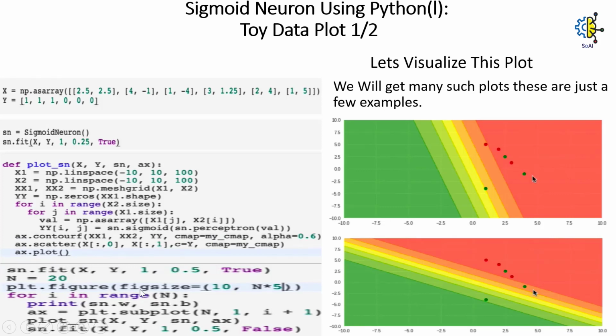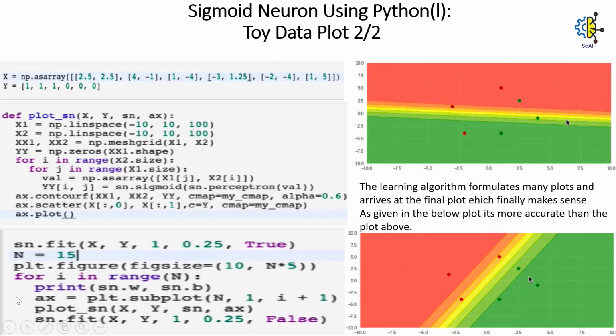sn.fit function with parameters x, y, 1, 0.5, true with n equal to 20. plt.figure function with parameter figsize equal to 10, n into 5. For i in range of n, print sn.w, sn.b. ax is equal to plt.subplot(n, 1, i+1), plot_sn with parameters x, y, sn, ax, and after that the sn.fit function with parameters x, y, 1, 0.25, false.